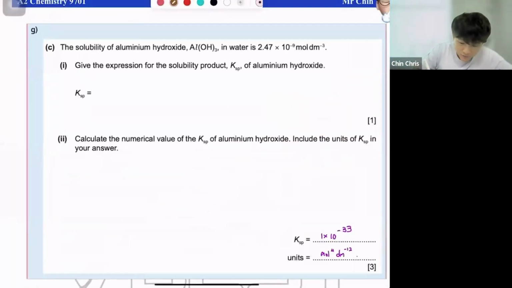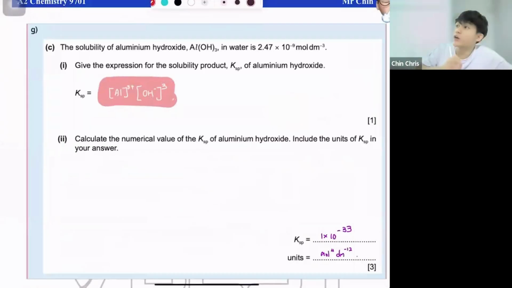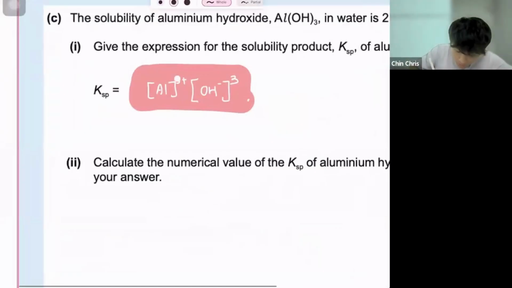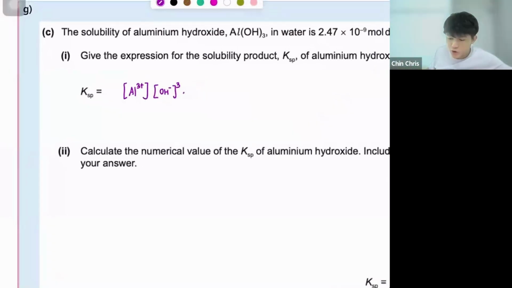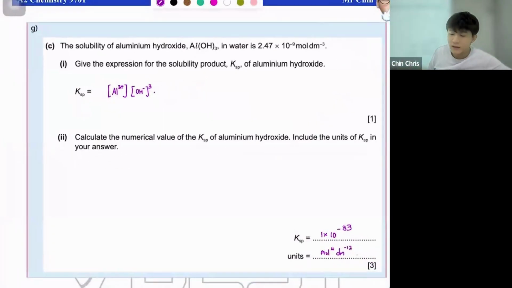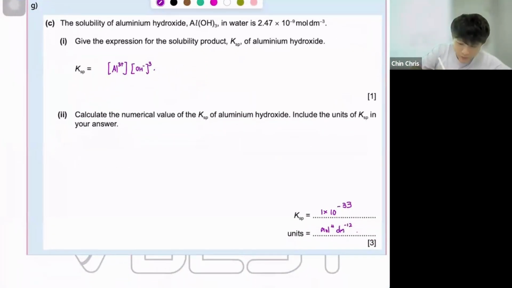Okay, guys. First part: Al3+ and OH-, correct. Sorry, my 3 should be inside, not the power. You go and power 3, then gone already. Next, Ksp.